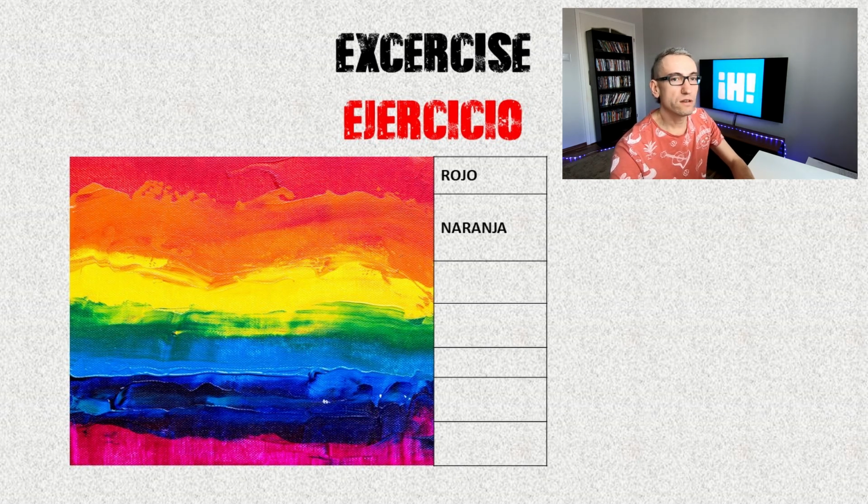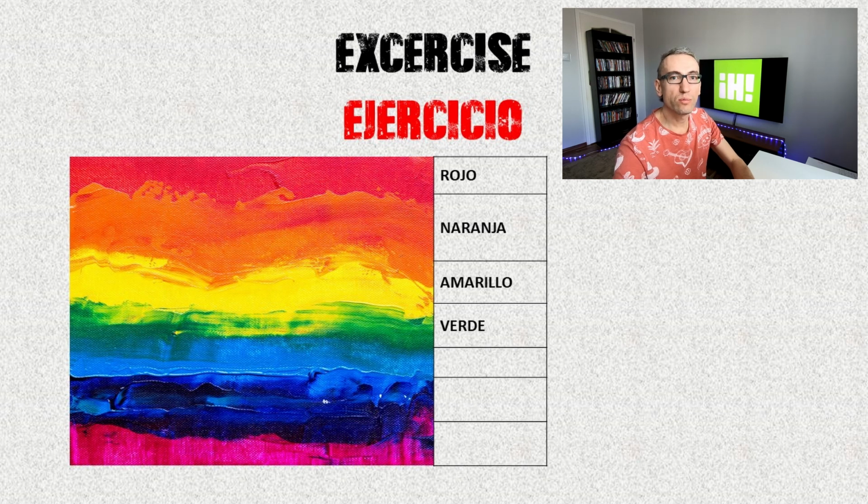And what do you think the third color is? Very good, it's amarillo. Amarillo is yellow. And we have another one, which is verde. Verde means green. Next two are the two tones of the same color.